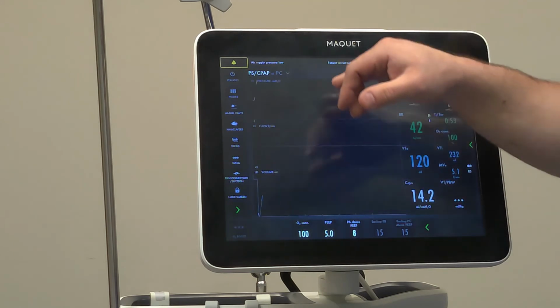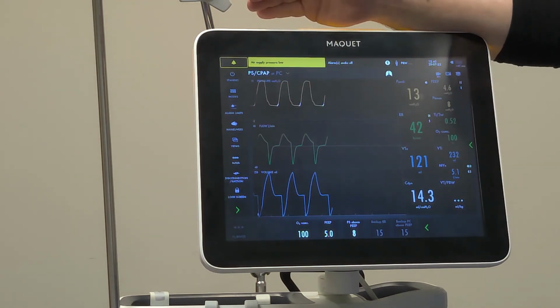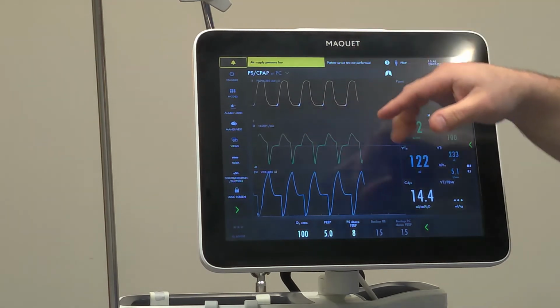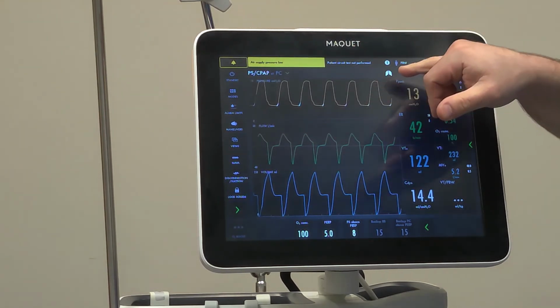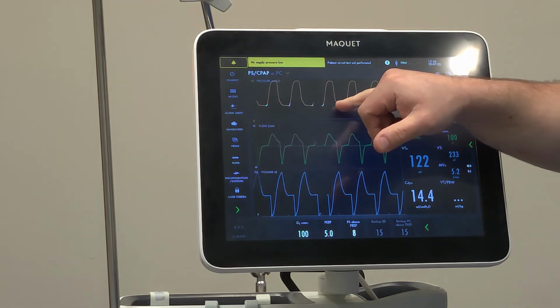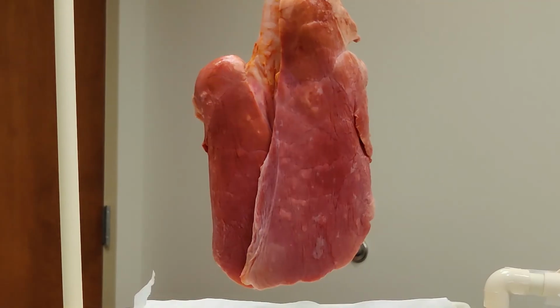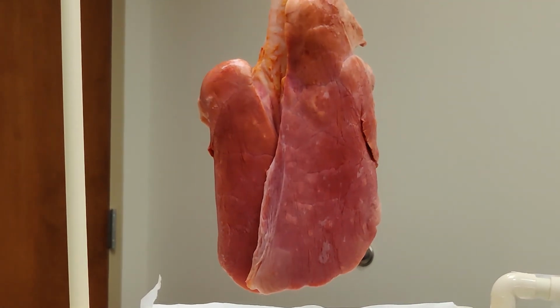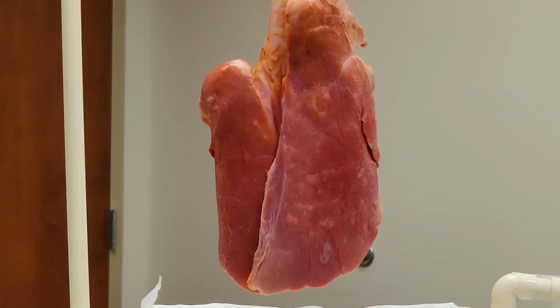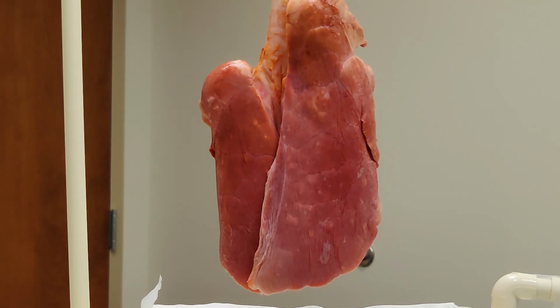So we're in this mode now. It's going a bit fast here, and so you can see when the lung comes up here or any of these white lines, these are the breaths that the lungs are triggering. Okay, so right now we're demonstrating the lungs on volume support. I'm going to switch it here briefly, and we're going to go back to pressure support so you can see that on the lungs.